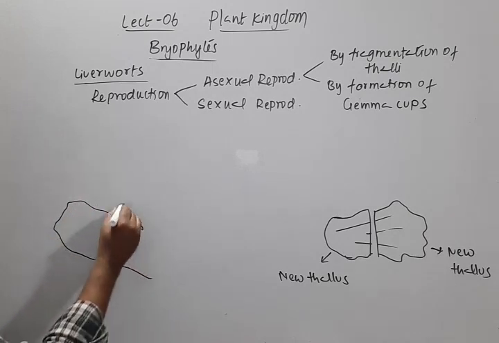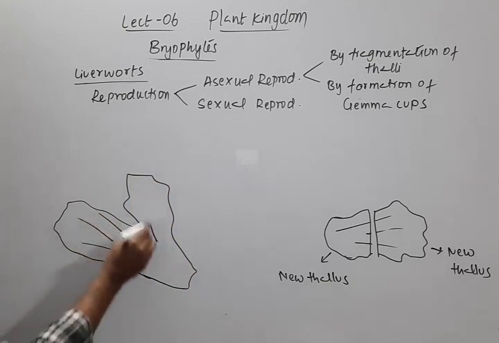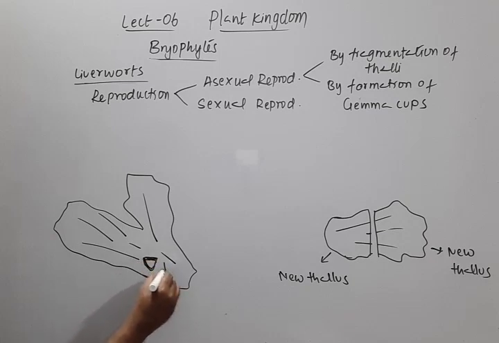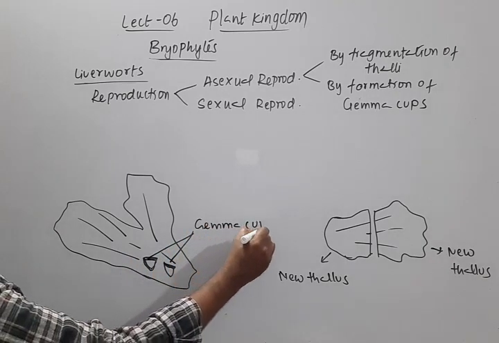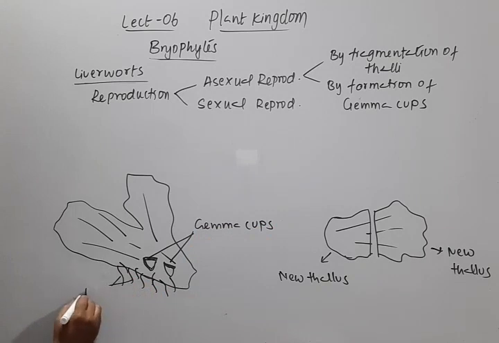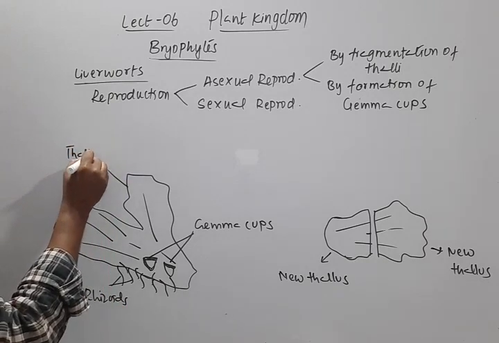So when we see the thallus in this way, we see the development of gemma cups on the thallus itself. So these are the gemma cups, these are rhizoids, and this is the thallus.